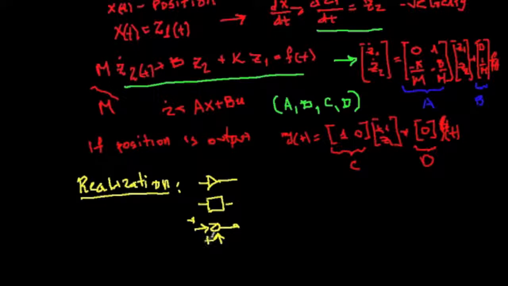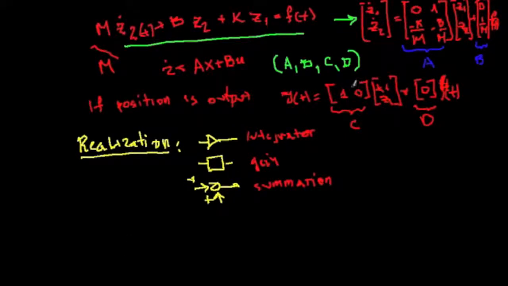In other words, we want to use just these three elements: integrator, gain, simple gain or amplifier, and summation element. And let us now look into the equations. How do we realize this?